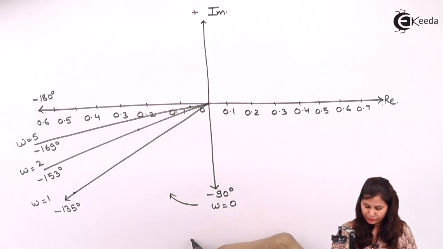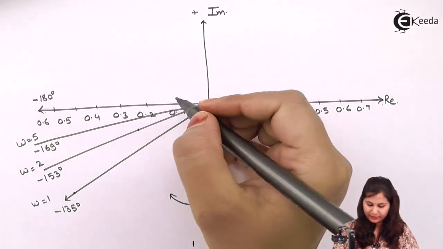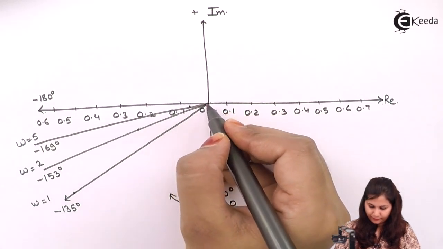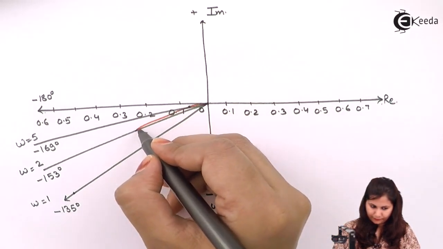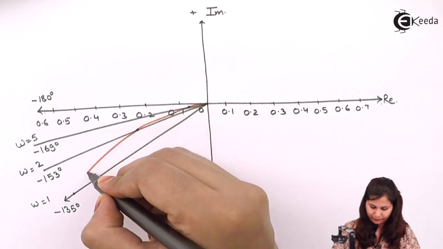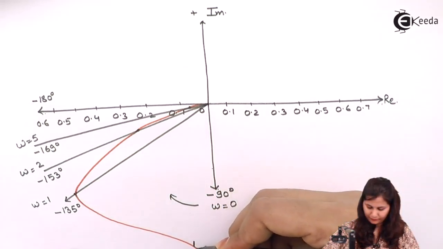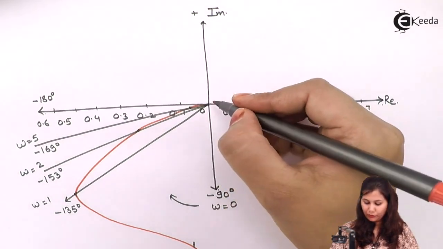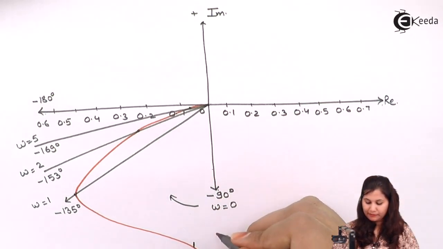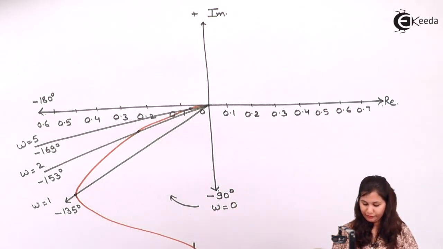And omega equals to infinity will be coming from here. So if we join these points, going towards infinity, because for omega equals to 0, the magnitude is infinite, so it will go towards infinity.